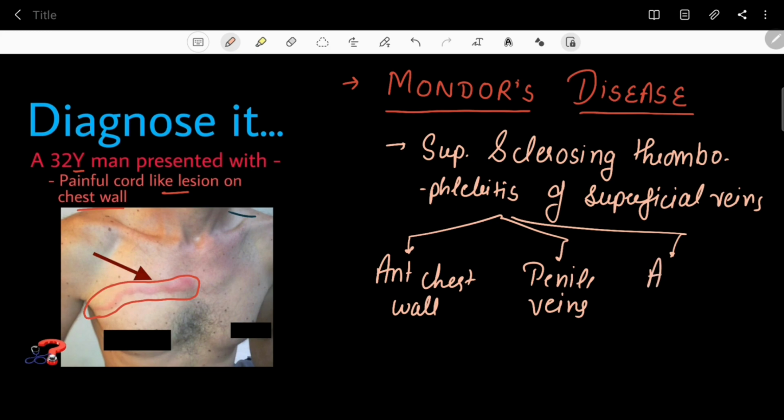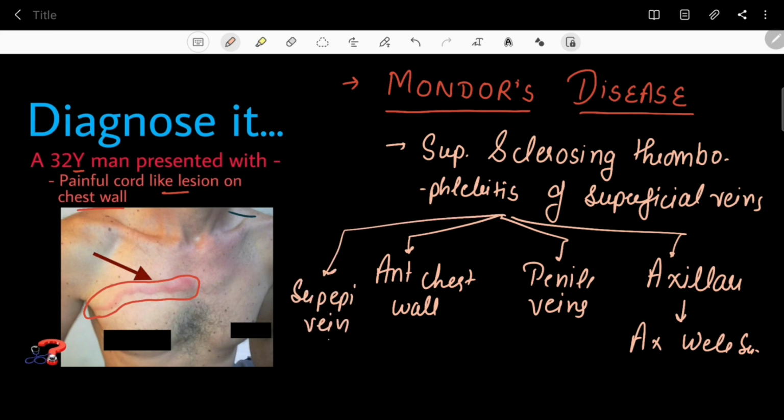It can involve axillary veins. This is called axillary web syndrome. It can also involve the superficial epigastric vein, where there is a palpable cord-like structure on the inferior outer quadrant of the breast. So these are different types, or different locations, of Mondor's disease, and it is classified on the basis of the location where it is present.